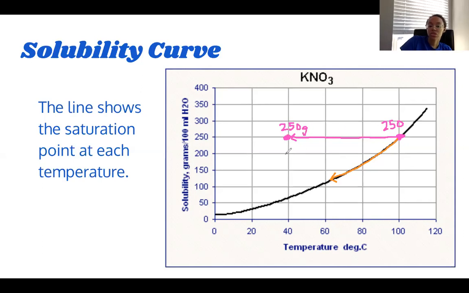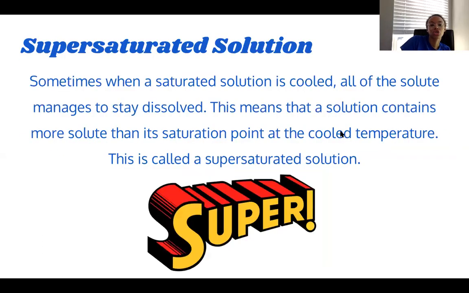That means at this new temperature, like at 40 degrees here, the saturation point, the limit, is all the way down here. It is way above that limit. It is so far above the saturation point. This is what we call supersaturated.